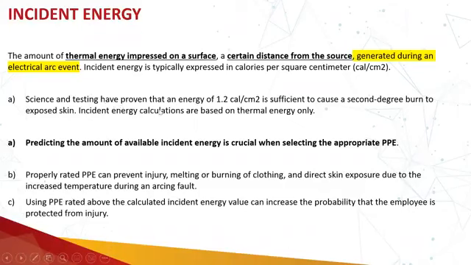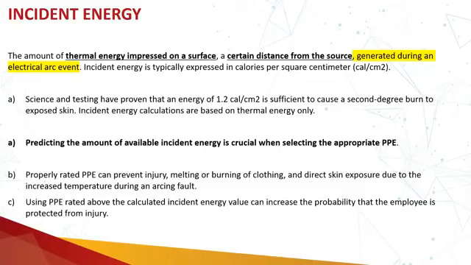So the science and testing have proven that the energy is sufficient to cause a second-degree burn to exposed skin. Predicting the amount of available incident energy is crucial when selecting the appropriate PPE. So how are we going to predict the incident energy? It will be predicted either by using an incident energy analysis method, or by using the PPE category method.